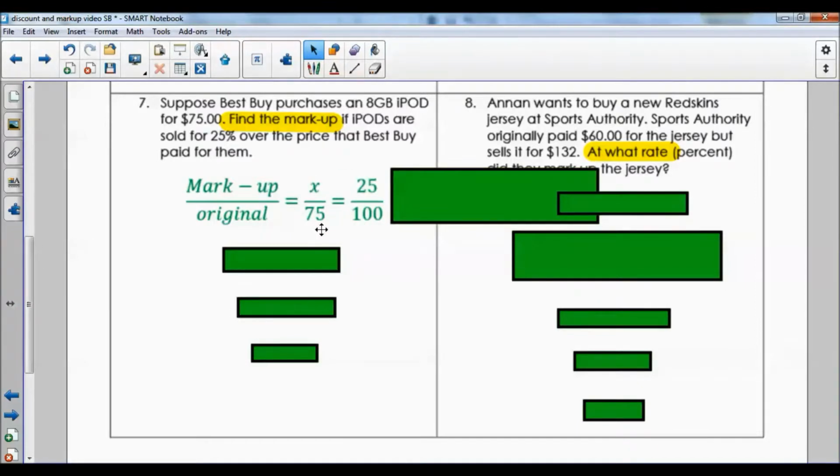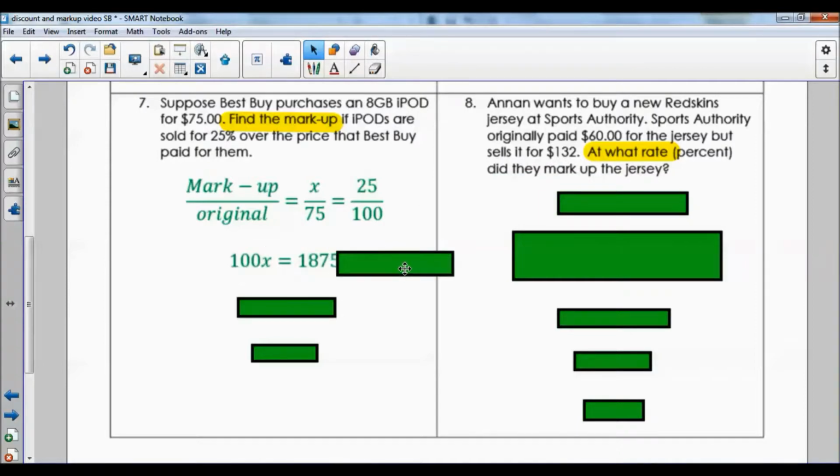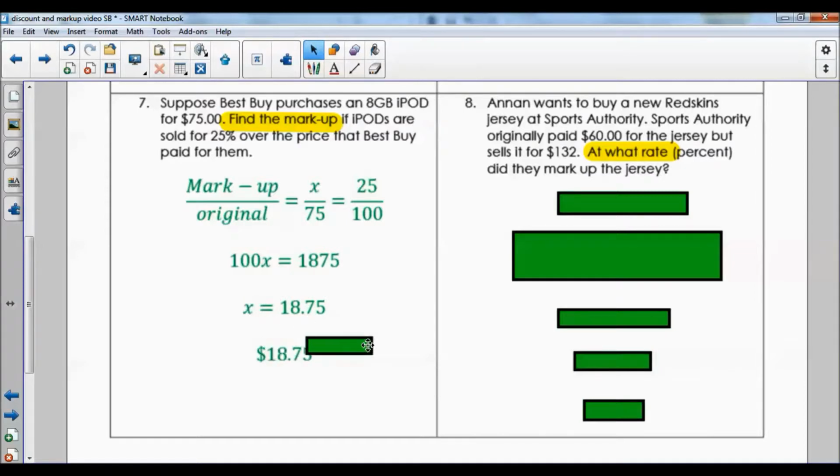Our markup rate was 25 over 100 because it's 25%. Okay, so then we're going to cross multiply. We'd have 100x is equal to 1,875, because that's 75 times 25. We're going to divide by 100 on both sides. And we get x is equal to 18.75, or $18.75.